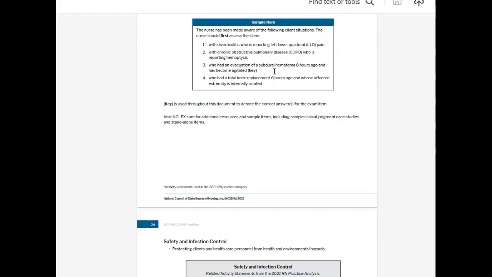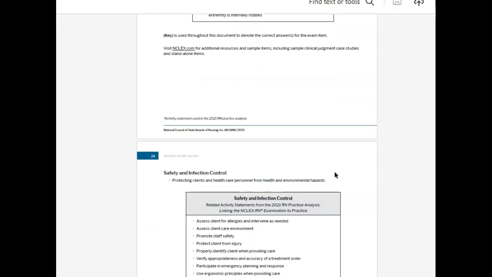So that's why that is the most urgent. While this is important, this could be deadly. This probably isn't going to kill him, but this could. And this last one, a client who had a knee replacement 8 hours ago and whose affected extremity is internally rotated. While that's not a great thing, it's certainly not going to be life-threatening. So again, number 3 would be your answer.